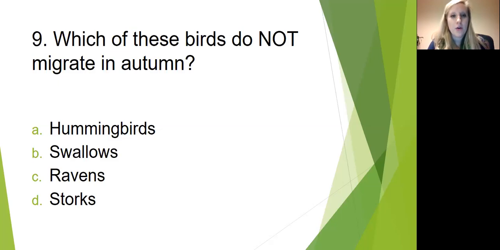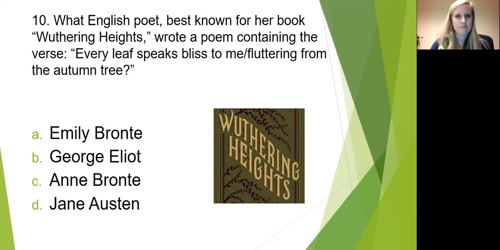Question 9. Which of these birds do not migrate in autumn? Is it A, hummingbirds, B, swallows, C, ravens, or D, storks? Question 10.